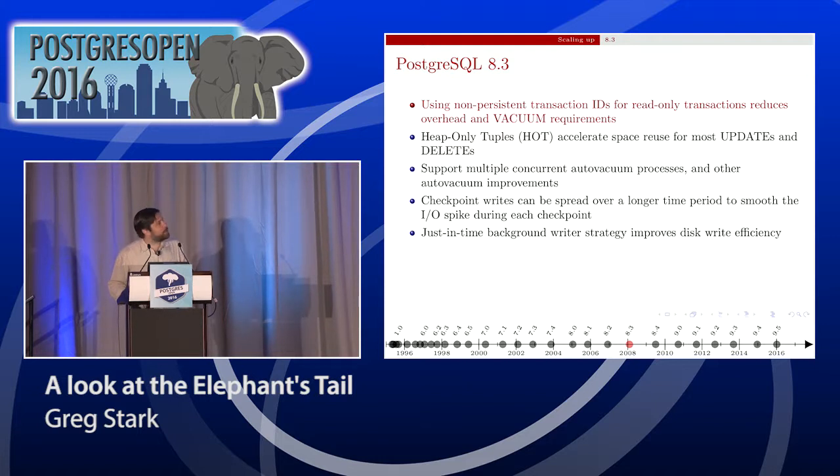And Florian Pflug, I think, proposed making a distinction. The only reason they were having such high transaction rates is that the bulk of the transactions did no I/O. They were just read transactions. And so he added virtual transaction IDs, which don't consume any of these persistent transaction IDs that get stored in the database.